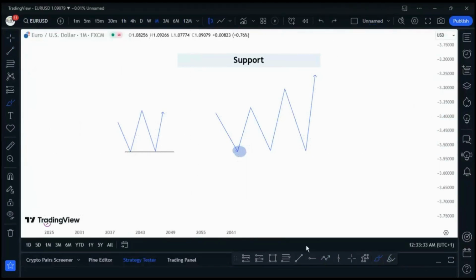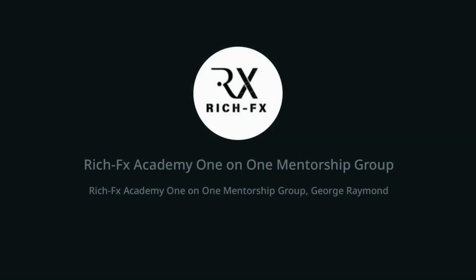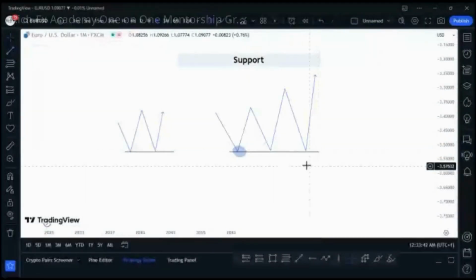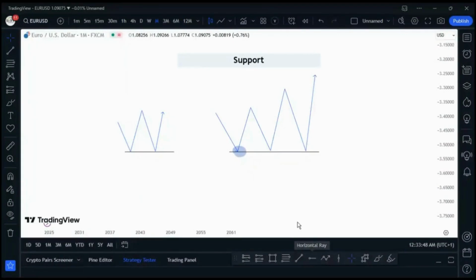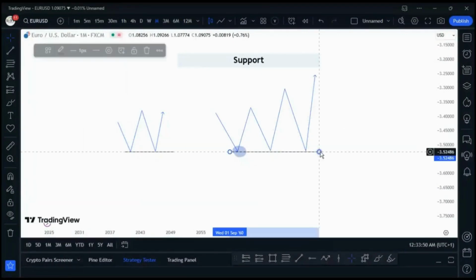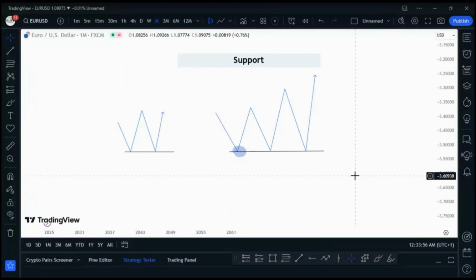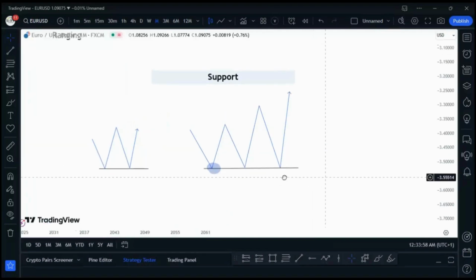And you can easily just draw your horizontal line at that point. So you use a trend line to draw that. Yeah, it's a horizontal line. So you use that to draw it down here. And there you have it, your support. It is as simple as that.